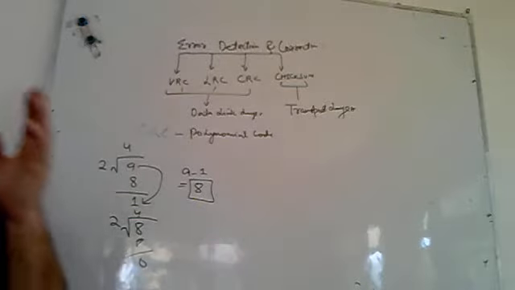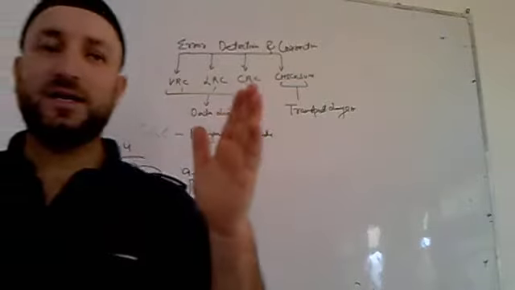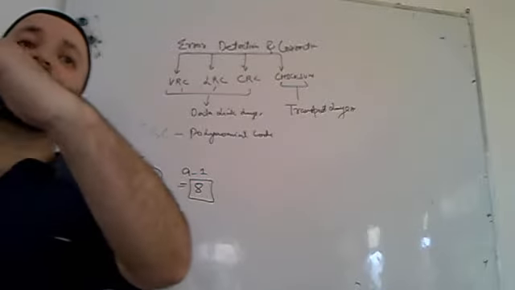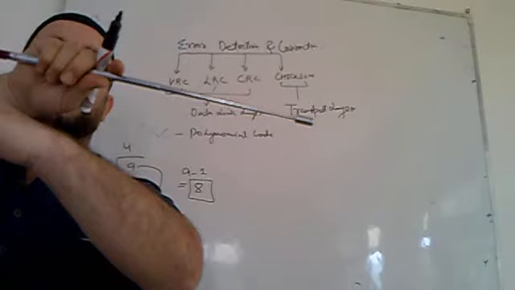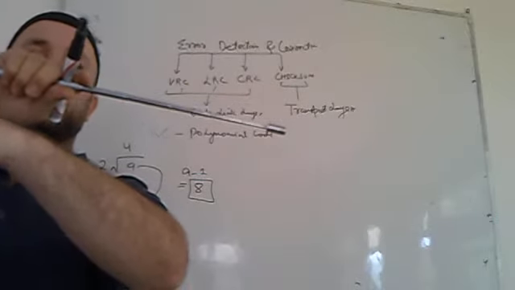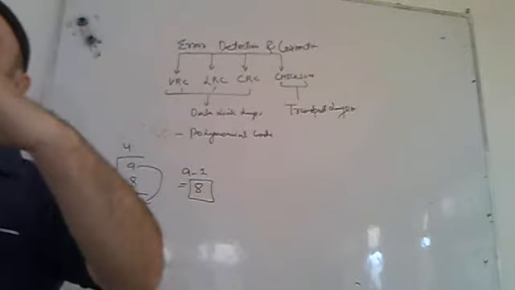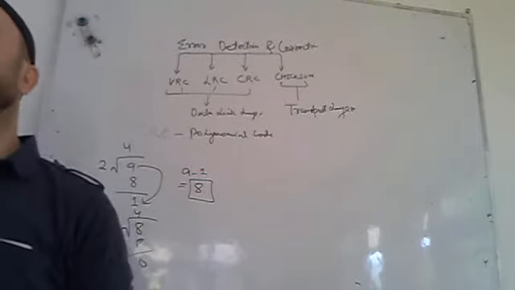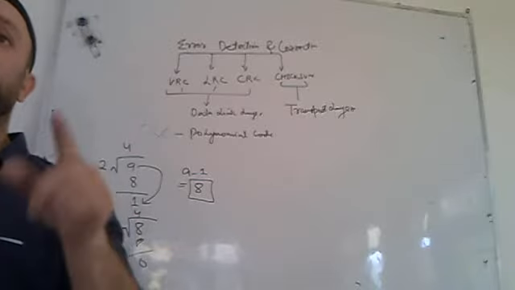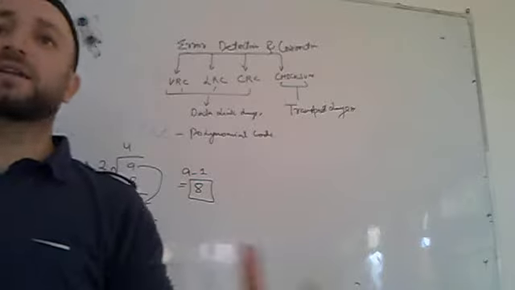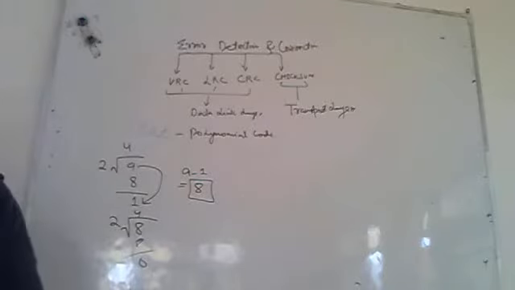Because what is left out after the data is subtracted by the remainder is exactly divisible by the generator polynomial, if I now divide by the generator polynomial there should not be any remainder. If there is a remainder after reception, that means it's an error. We can detect an error.